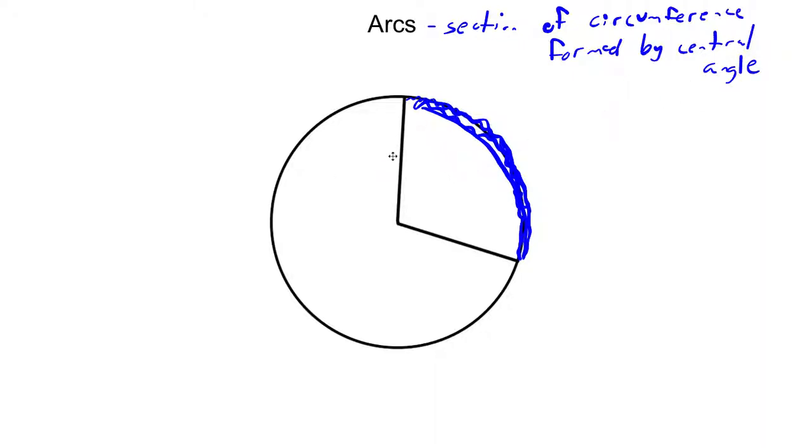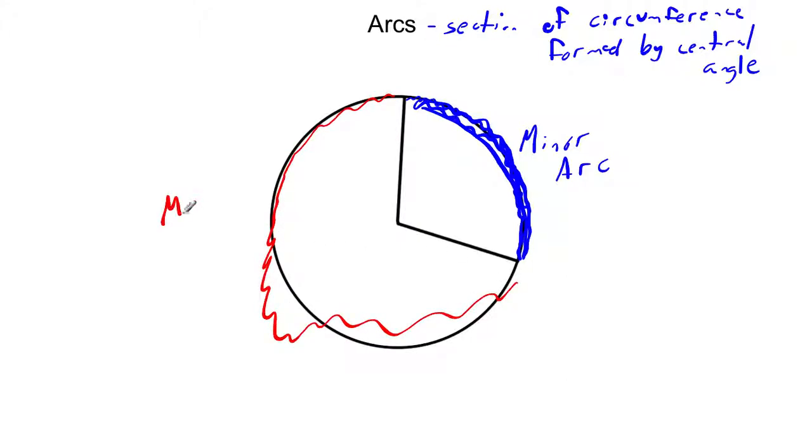So we're going to have two different arcs. We're going to have this one, which we call the minor arc, and then we are going to have this one out here, which is the major arc. Notice that the major arc is larger, thus we call it the major arc.